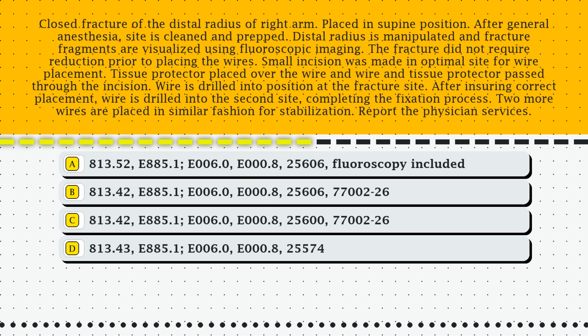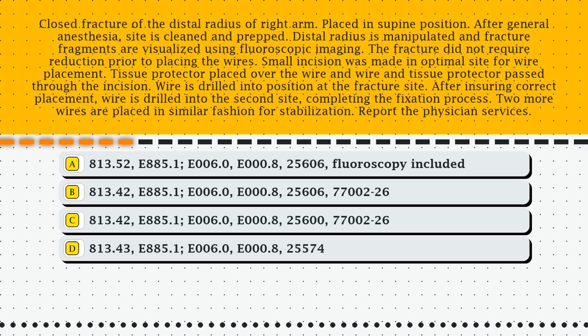Report the physician services. Option A, 813.52, E885.1, E006.0, E000.8, 25,606, fluoroscopy included. Option B, 813.42, E885.1, E006.0, E000.8, 25,606, 77,002 to 26.